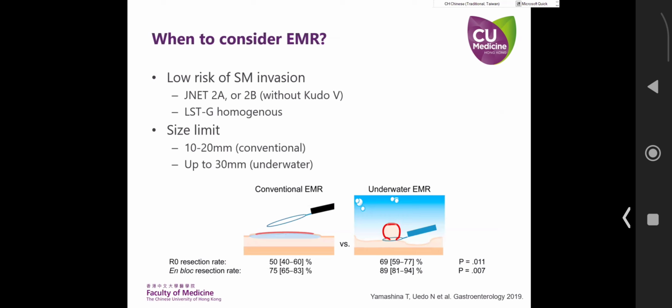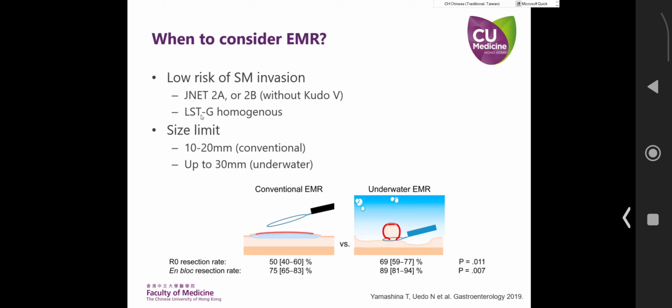So this is trying to summarize the difference between EMR and ESD, and which to go for. First of all, we really need to determine the degree of invasion of the lesions. If you see JNET 2A or 2B lesions with the classical type 3L or type 4 patterns, then these should be good lesions with a low risk of SM invasion.